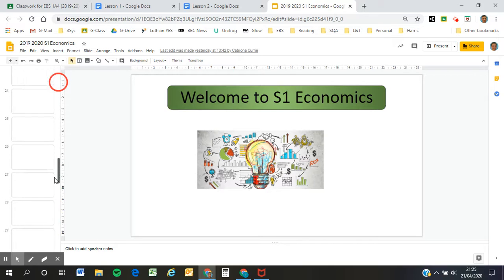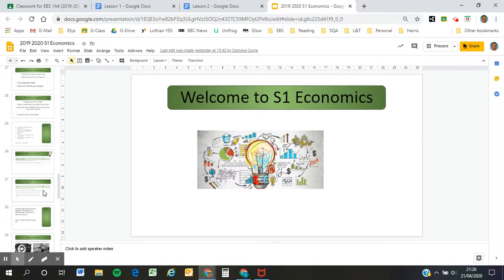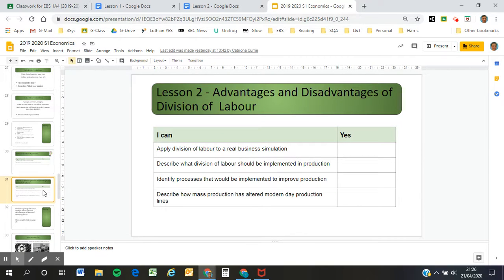You can find out what we've been doing if you've forgotten, if you had too much fun over the Easter holidays. So we're going to have a look at the advantages and disadvantages of division of labour. We're going to try and apply it to a real situation: describe where division of labour should be implemented, identify the process, and describe how mass production works. That's what we're going to have a look at.